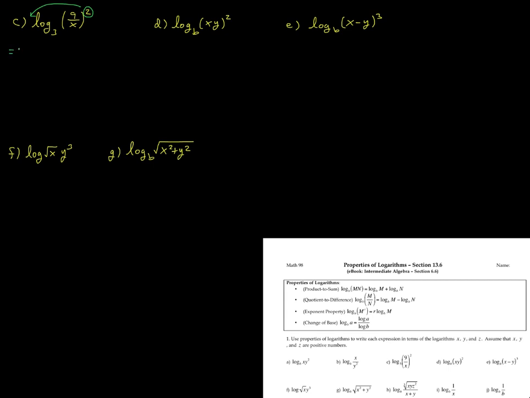This is going to give us 2 times log base 3 of 9 over x. And now notice that this log base 3 of 9 over x, I can apply the quotient to difference property there and split that up. So I'll go ahead and do that. I'm going to get log base 3 of 9 minus log base 3 of x.